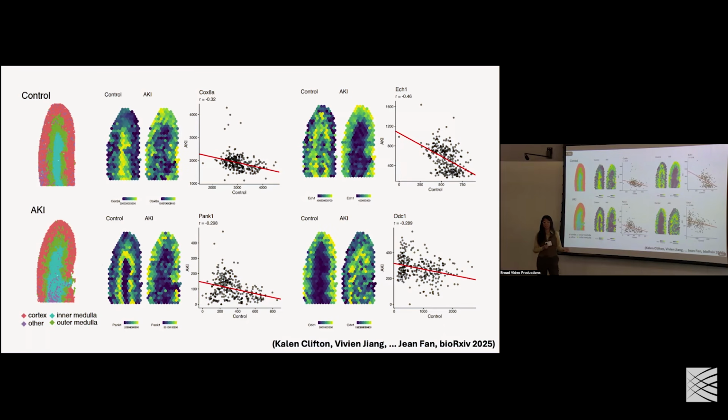When there's no oxygen, you're not really going to be able to use that oxygen to make ATP anymore. So I think what we're seeing is this compensatory upregulation or downregulation of different metabolic programs, again in response to the ischemic injury in a cell type independent manner.